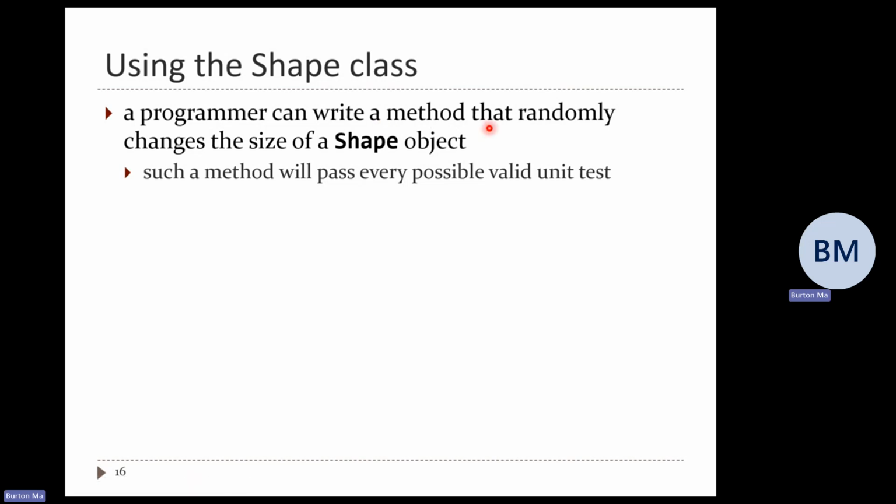So for example, you can write a method that changes the size of a shape to some random value. If you test this method, it will work with any shape that you can imagine, assuming that the shape obeys all of the class invariants and obeys all of the method preconditions for this method.